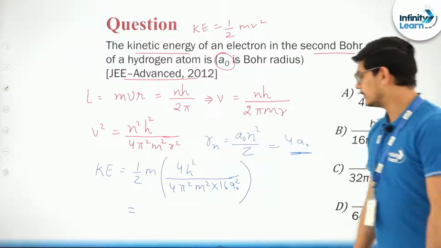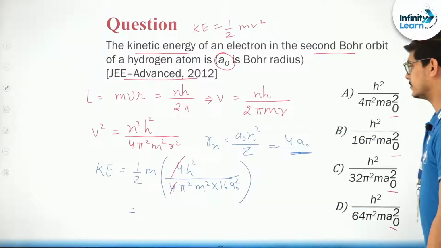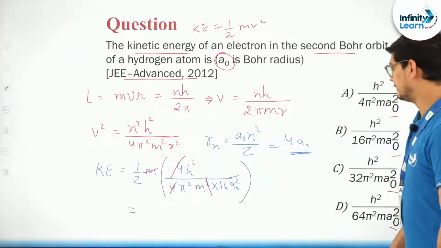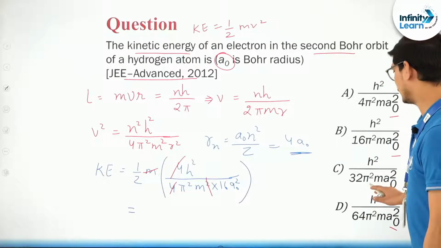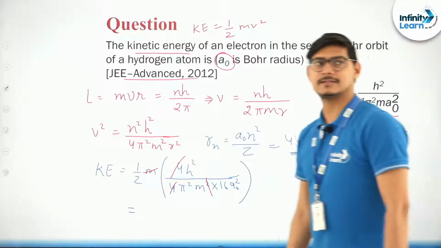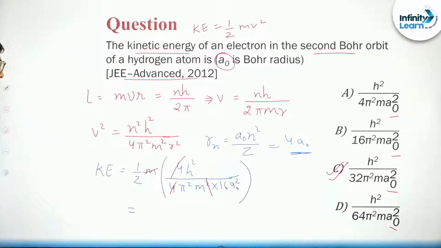You would have calculated that it comes out to be h square upon 32 pi square m a0 square. So this is our correct answer.